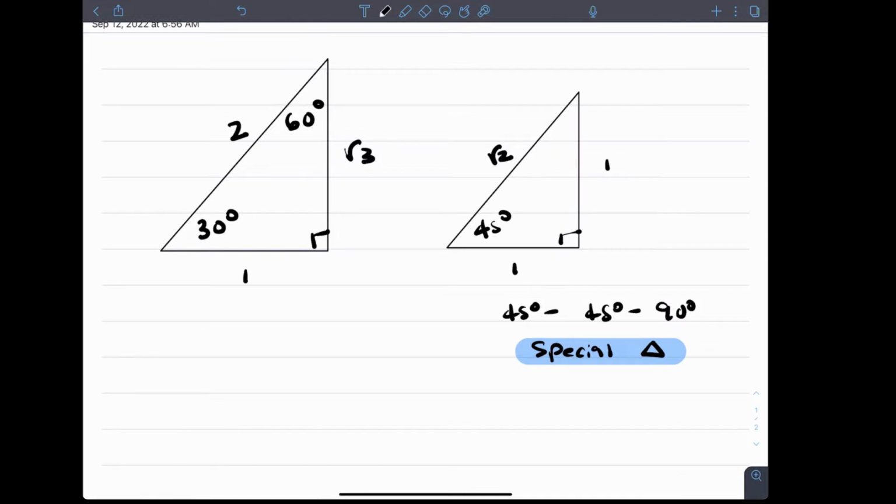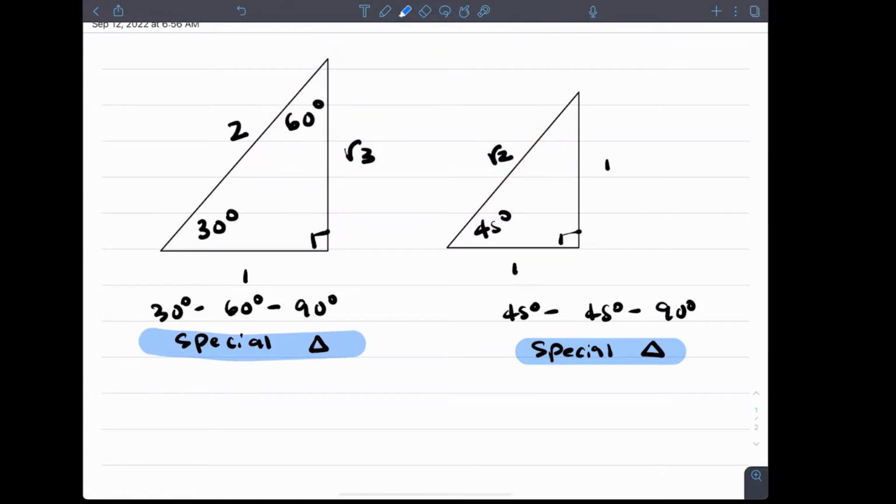So this is going to be a 30, 60, 90 degree special triangle. All right, you guys okay with that?